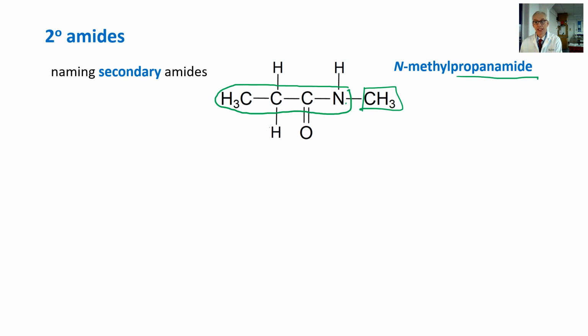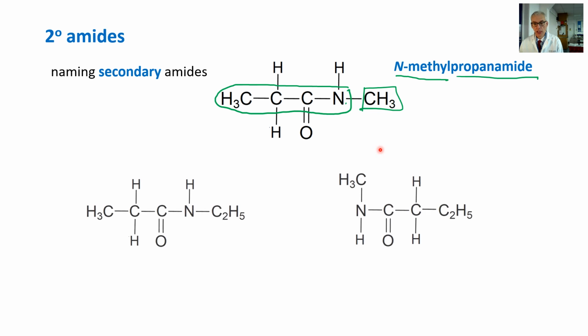It is located on the nitrogen, so N-methyl. So N-methylpropanamide. Identify the longest carbon chain attached to the amide functional group, so propanamide. And then in a secondary amide, we've got a methyl group to position. It's located on the nitrogen, so N-methylpropanamide.